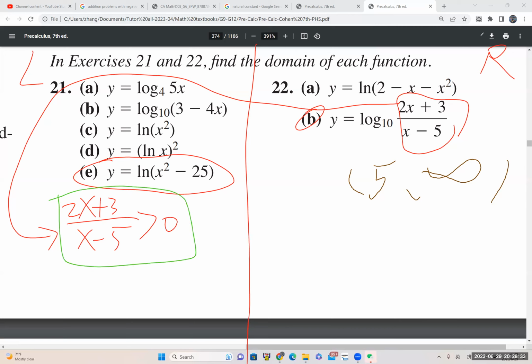We call it a rational inequality, right?